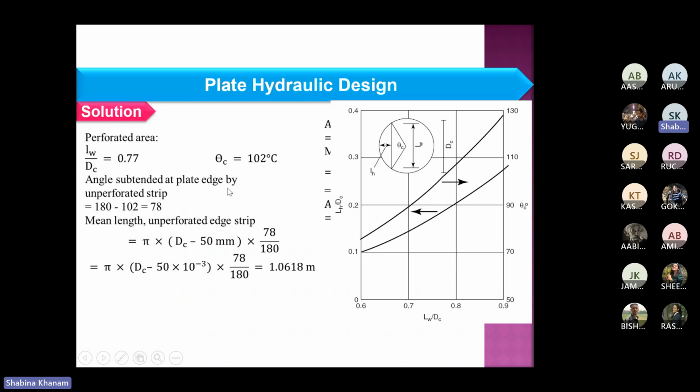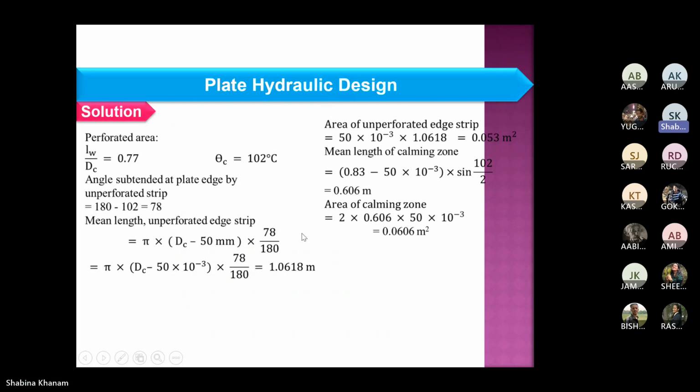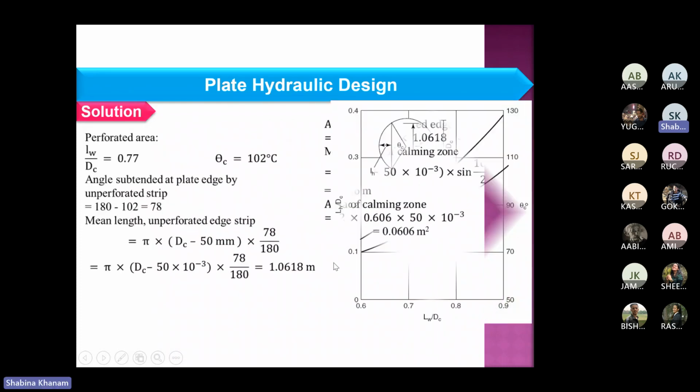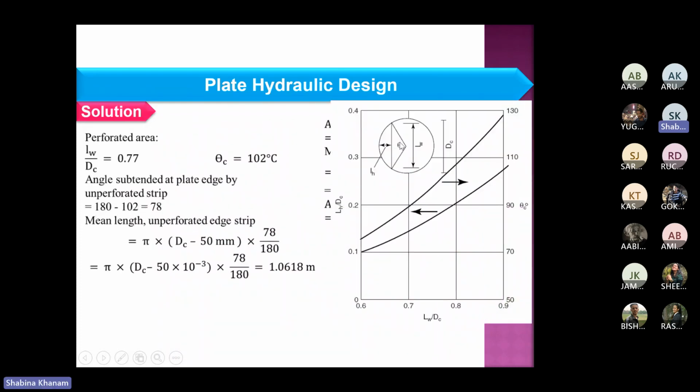So unperforated strip, it is coming as 180 minus 102. So what is the point to consider over here? Let me explain. 102 is this angle, right?